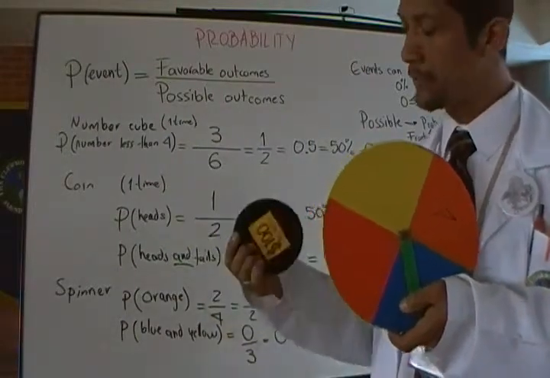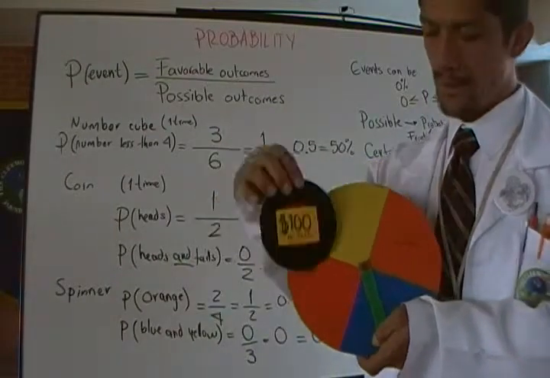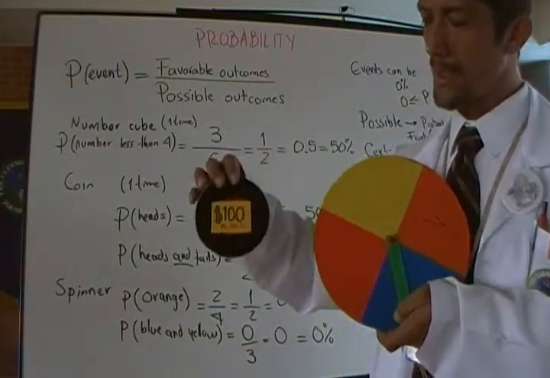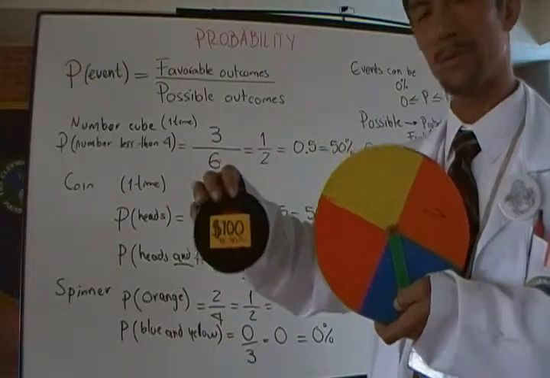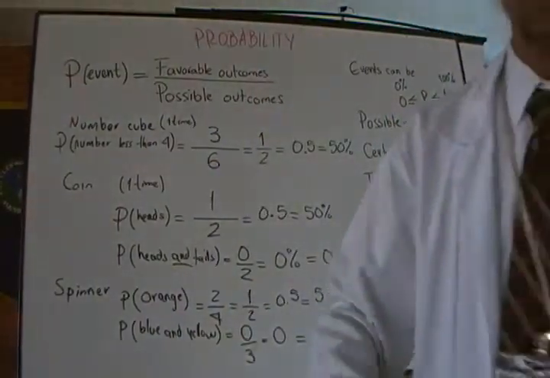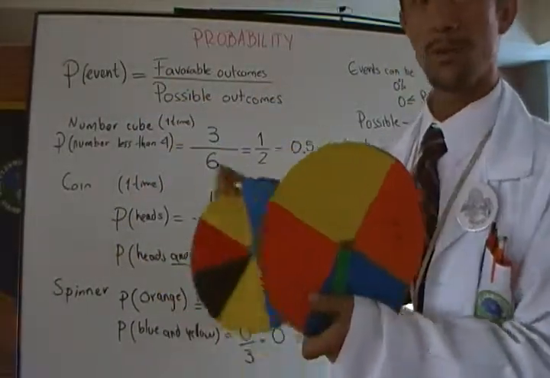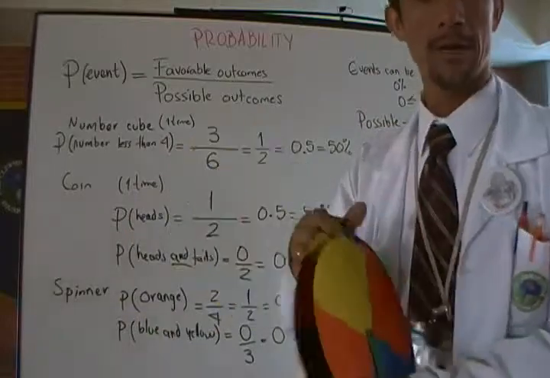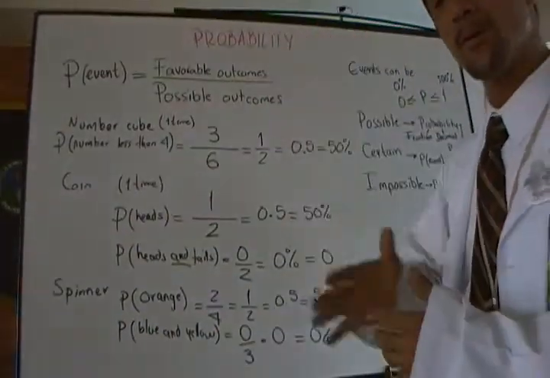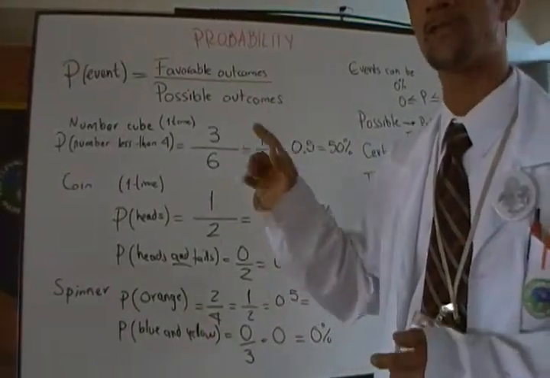And the other 3 would be tails yellow, tails orange, and tails blue. Since orange repeats, the combination of possible outcomes in this sample space would be 2 times 3. If I do this one, for example, this one has 4 possible outcomes, times 3, we would get 12. And then you can organize those data into a table, and you can see those results also in a tree diagram.